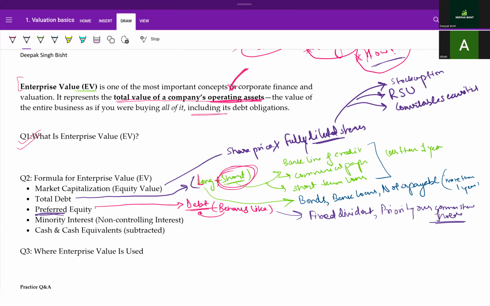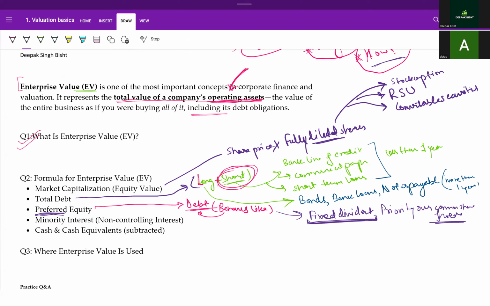For a real life example, Bank of America has preferred shares that pay set dividends. If you are holding preferred shares of any company, then those preferred equity stocks are going to pay you fixed dividends.